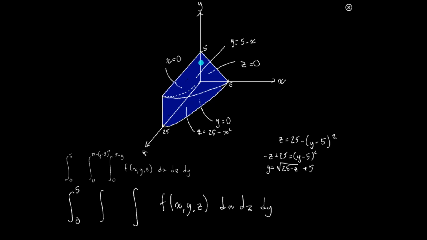Remember, we did y first, right? So we're going out this way. So this time, we're going to go from this line out to here. We're going to get this region right here. So this dotted line is our lower bound. So that means our 25 minus y minus 5 squared, for z, is our lower bound, and our upper bound is z equals 25.